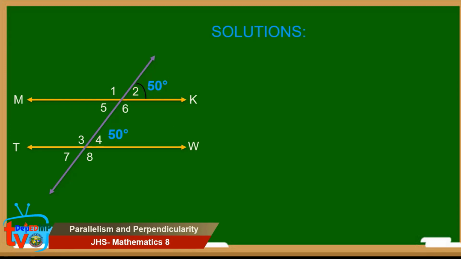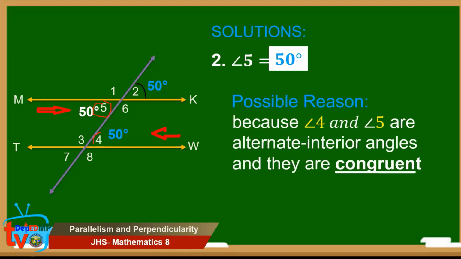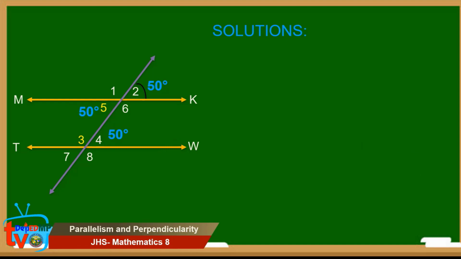What about the measure of angle 5? It is equivalent to 50 degrees also. Why? One possible reason could be because angle 4 and angle 5 are alternate interior angles and they are congruent. What about the measure of angle 3?